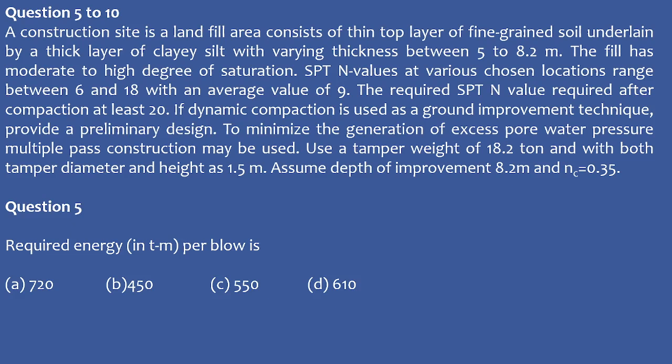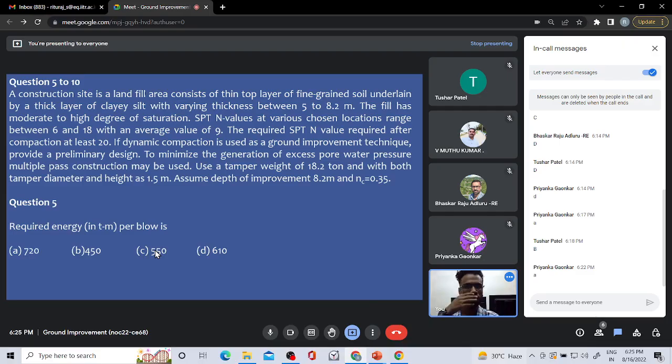So the first question is: if all these parameters are given, how much required energy should there be per blow, in ton meter? These questions are just based on the empirical relations, so you just need to put the values in and calculate.